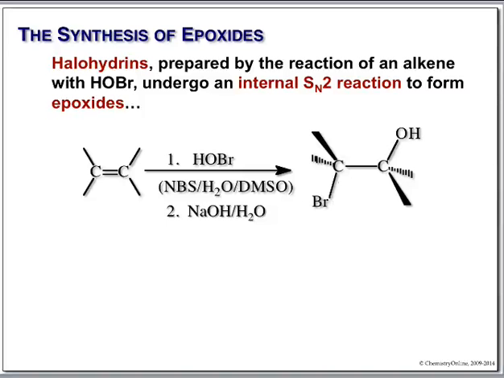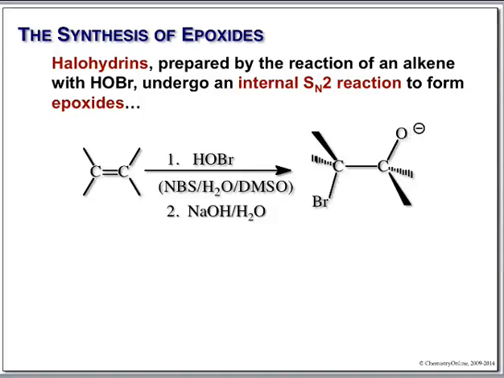Well, if you think about the Williamson ether synthesis, what we did was simply take an alkoxide and an alkyl halide, right? Well, look at this molecule. If we took this and treated it with sodium amide or something, we would make the alkoxide, wouldn't we?